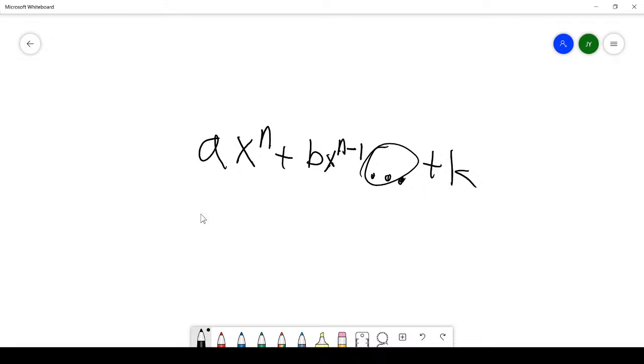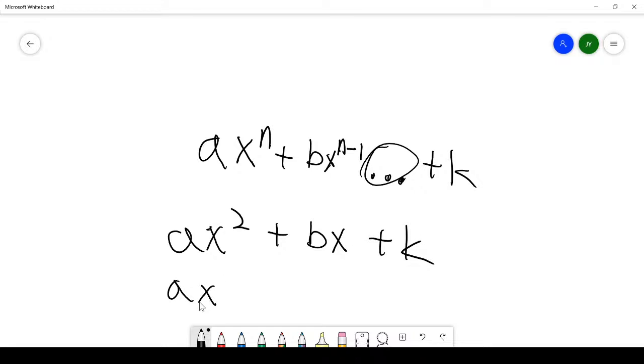In the previous case, we had x squared, so it would simply be b equals 1, x plus k. If it were a cubic, it would be ax cubed plus bx squared plus cx plus k.